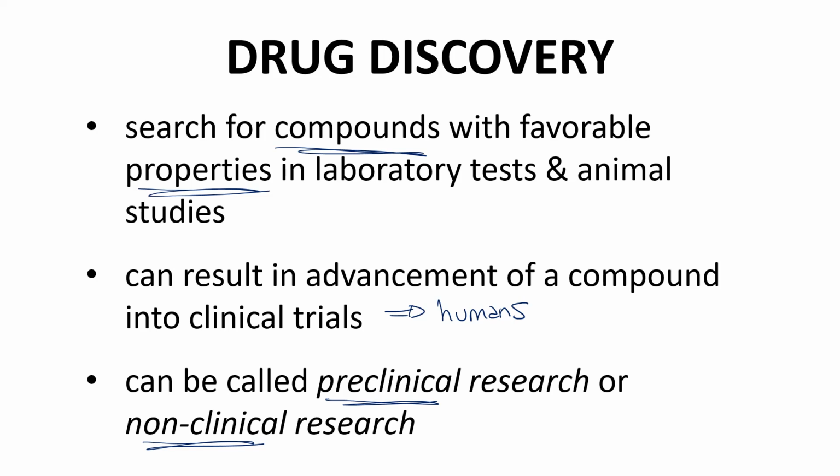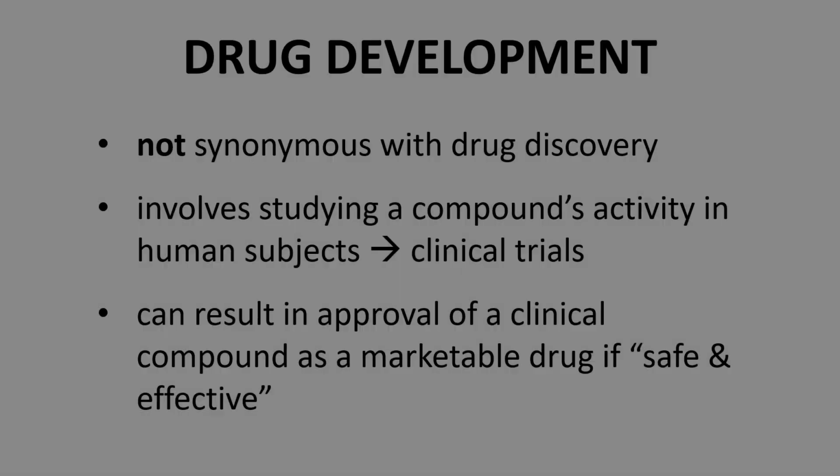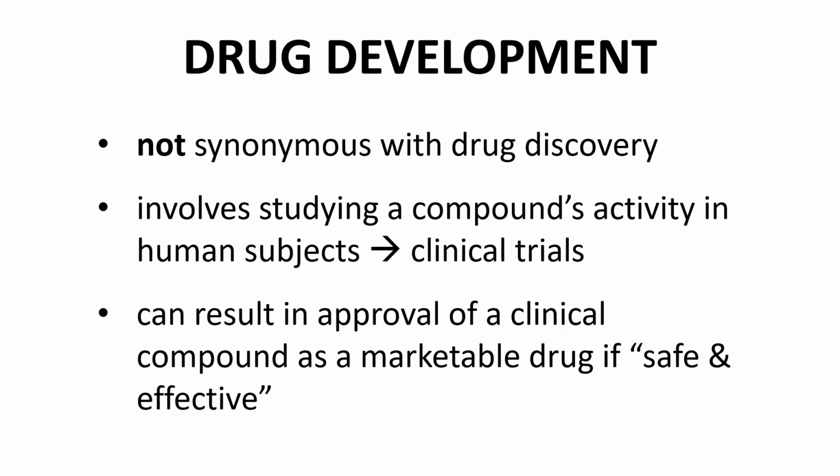Great, but what is the term for human-based drug research? Research that occurs in humans during clinical trials is called drug development. So while the terms drug discovery and drug development may seem synonymous, they are two distinct stages of drug research.